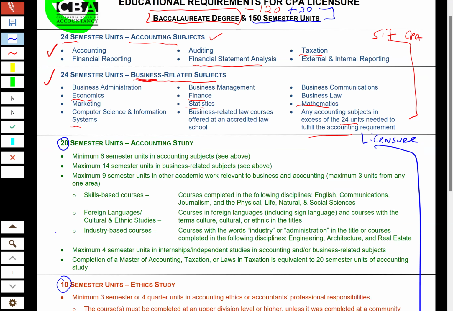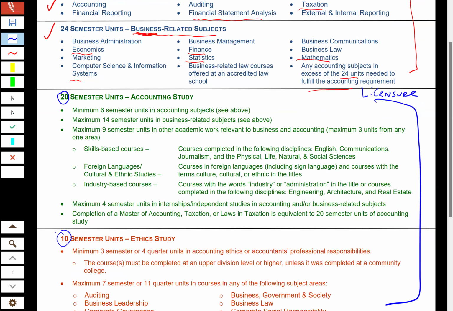Now, when we look at the units of accounting study, and these are in addition to the units that you have already accomplished in order to sit for the exam, and this could happen before, after, or during preparing to sit for the exam, these additional units are for licensure. You would need 6 more accounting and then 14 business.